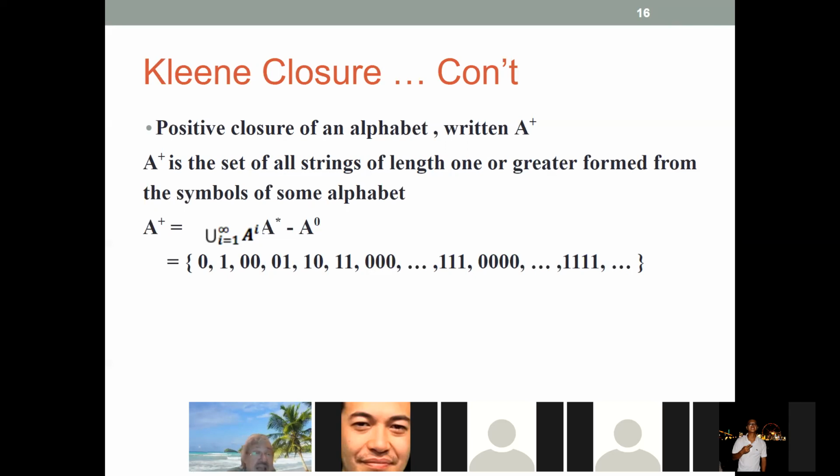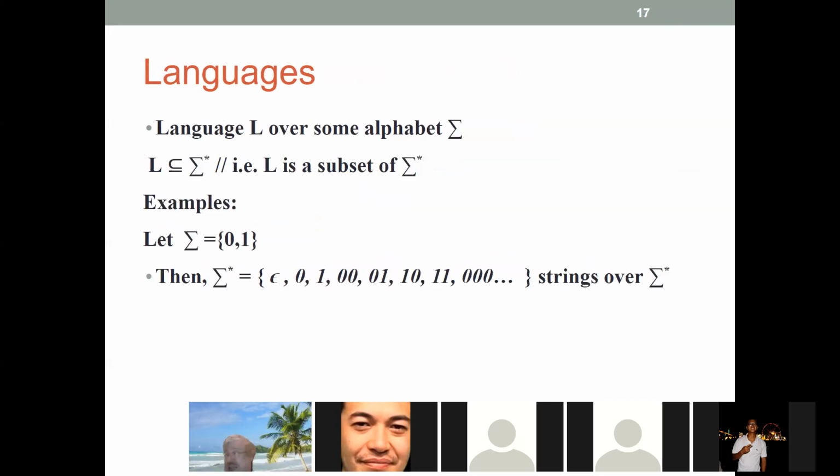So you have A star, if A is the binary alphabet, you got all binary strings, even of length 0. But A plus, please take away the empty string. Don't take away the empty string. Take away the set containing the empty string. This is all in chapter 0. You're going to love it. Okay, Anvin, hit us again.